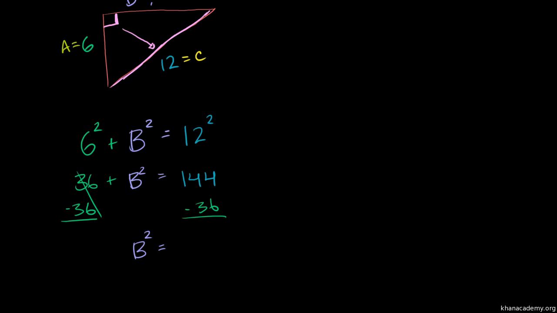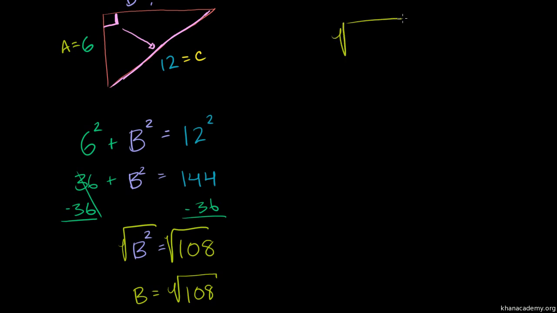So this is going to be 108. So that's what b squared is. And now we want to take the principal root, or the positive root, of both sides. And you get b is equal to the square root, the principal root of 108.